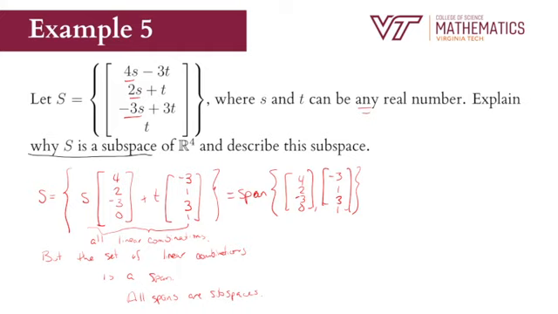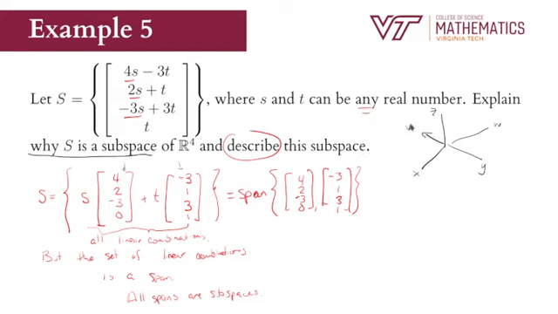Because the second part of the question says to describe the subspace. Well, I can't draw four-dimensional space. I can't draw an x-axis and a y-axis and a z-axis and then whatever comes before z. I just can't draw that. So, some system where we have four axes, x and y and z and w. But you can imagine that such a system exists and that these are two vectors that are in that system.